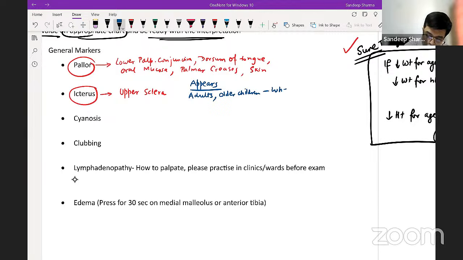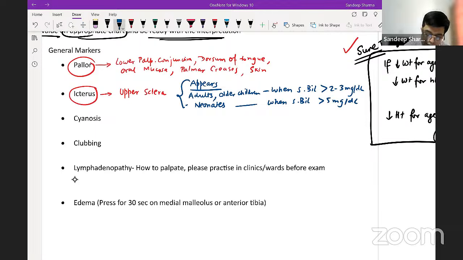Very important point. Every second person in pediatrics will be asked this.